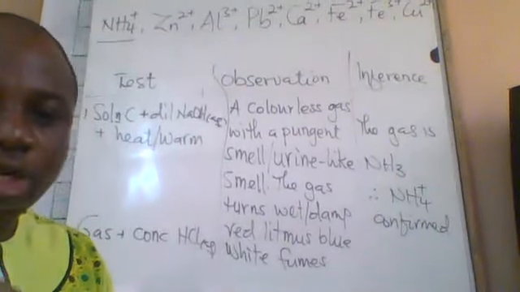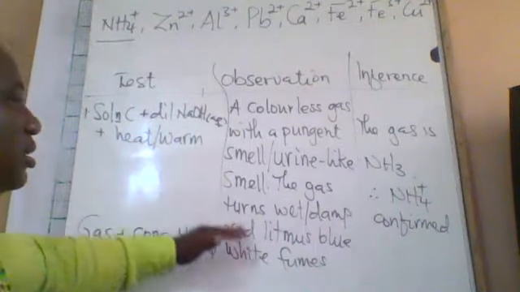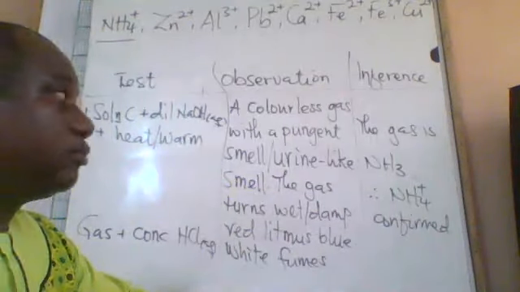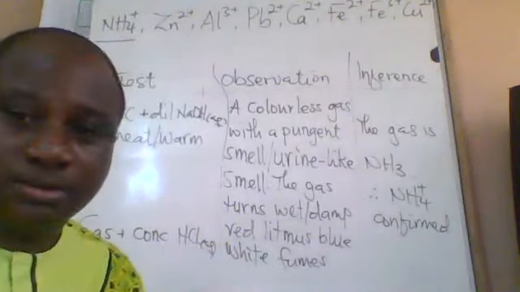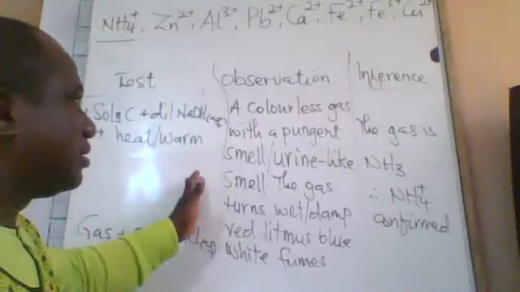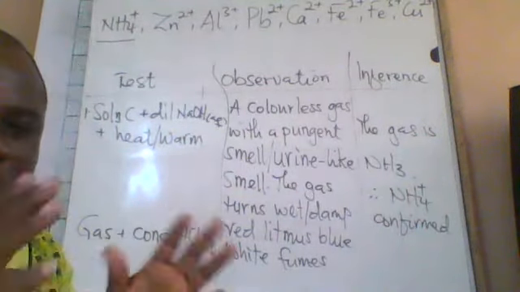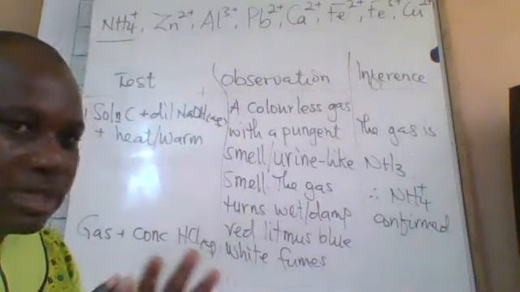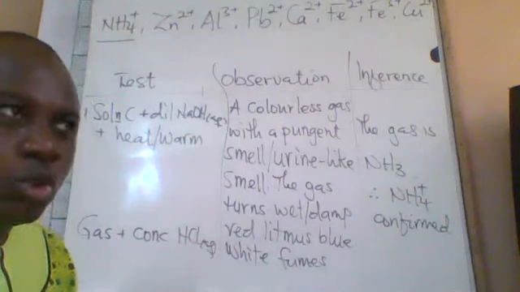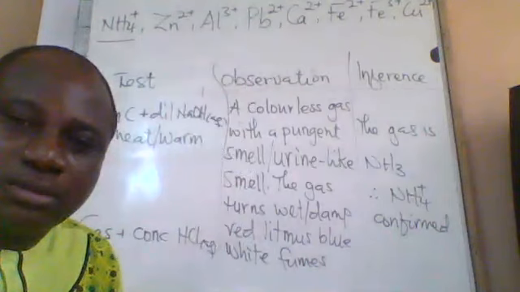Now, for the NOVDEC, they can give you the test, then they leave the observation column blank, then they give you the inference. You should be able to look at the test and the inference, and give the observation. That one, you are not going to perform the experiment. The NOVDEC type of this thing, you will not perform the experiment. So they'll give you the table, and then they'll leave some spaces out, then you fill it.